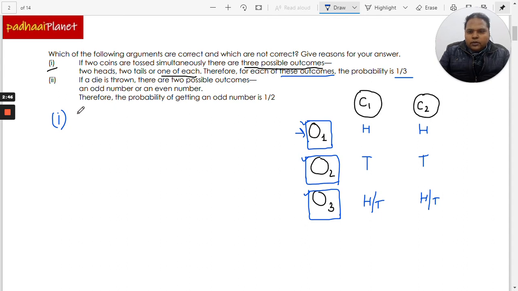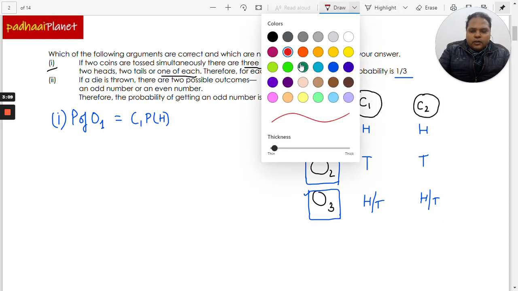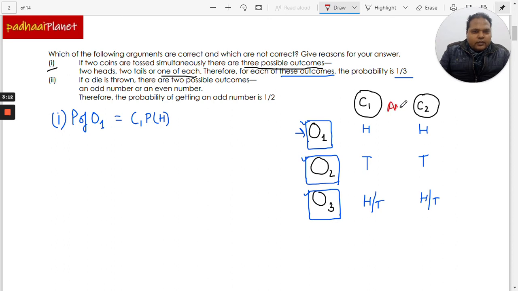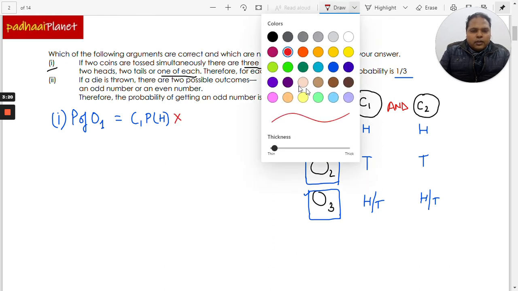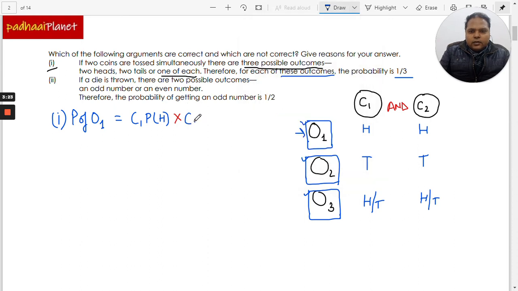For C1, let's calculate the probability of heads, and then there's going to be an "and" in this, because both the options are going to be calculated together. It's an "and" relationship, so this is going to be a multiplication, and then let's write the coin 2 probability of H.